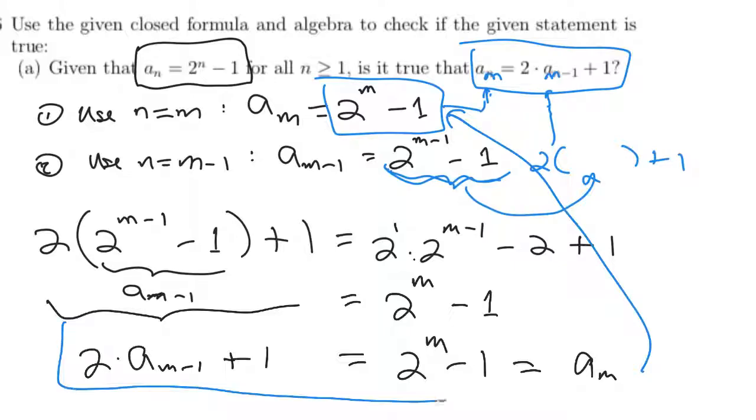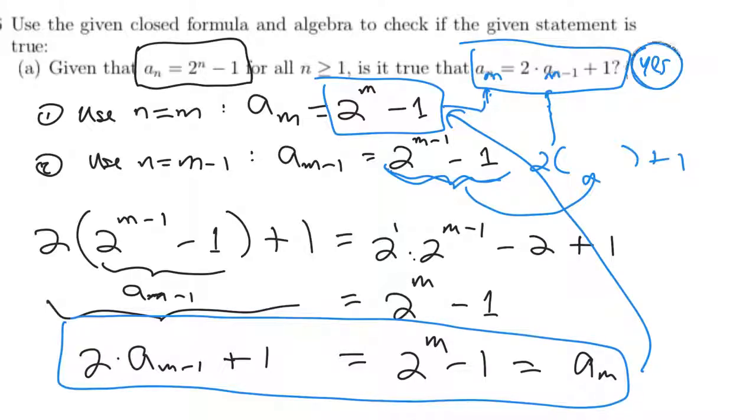So algebraically, a sub m is equal to 2 to the m minus 1, and we can show that 2 times a sub m minus 1 plus 1 simplifies to 2 to the m minus 1. So those are actually equal. So in this case, the answer would be yes. A sub m here is equal to 2 times a sub m minus 1 plus 1, which was the question.